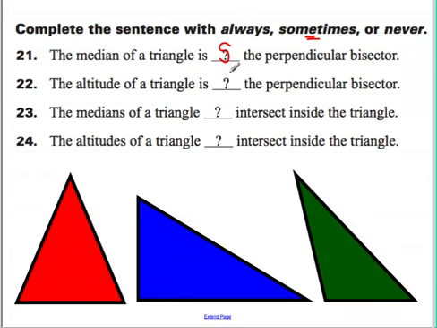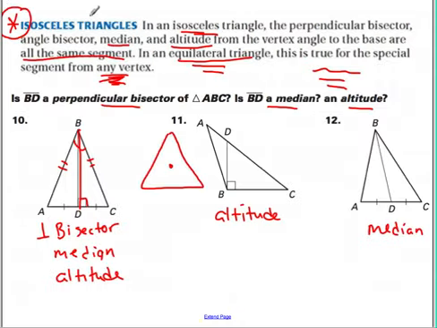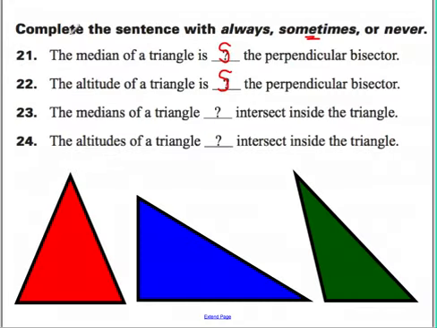I think it's the same question here, and we just looked at it. When you have an isosceles or an equilateral triangle, these are going to be the exact same segment. So that's sometimes. The medians of a triangle, always, sometimes, or never, intersect inside the triangle.